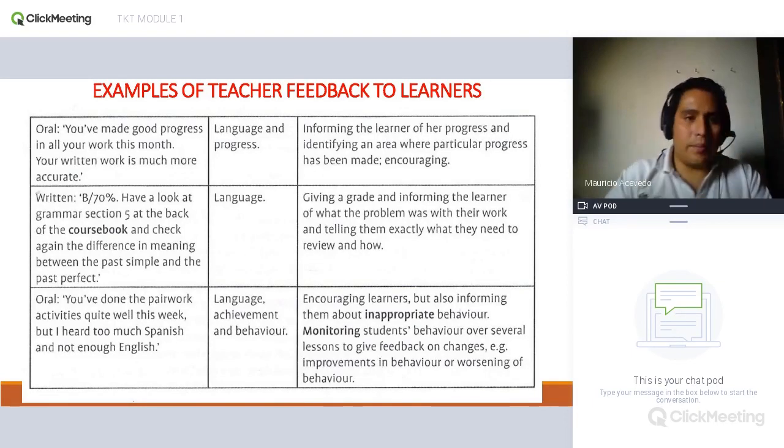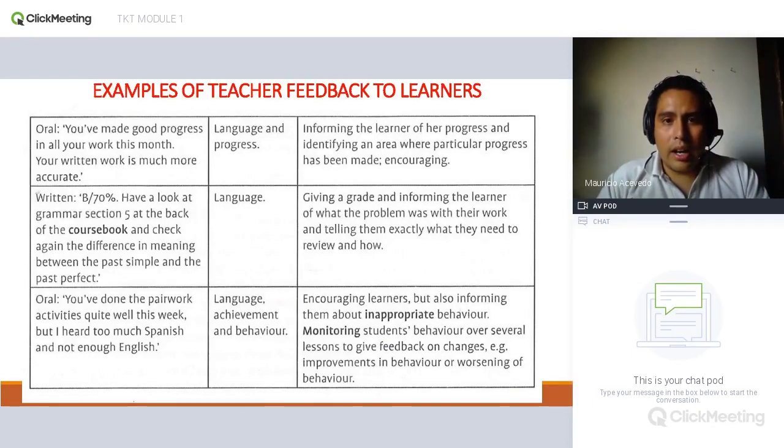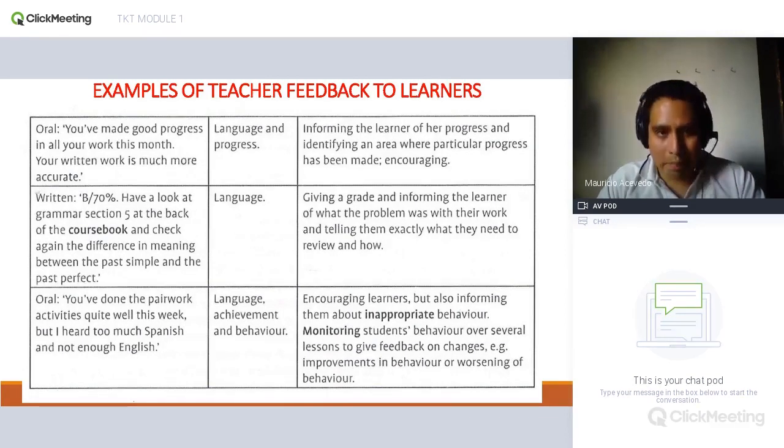And finally, written. Okay, we have another example of giving feedback. You have a B, 70%. Have a look at grammar section 5 at the back of the course book and check again the difference in meaning between the past simple and the past perfect. This has to do with language because we're talking about the tenses.